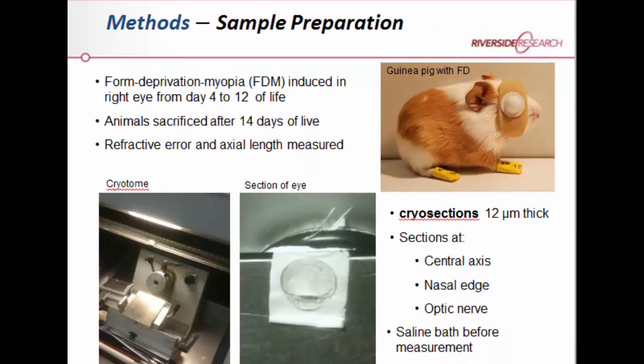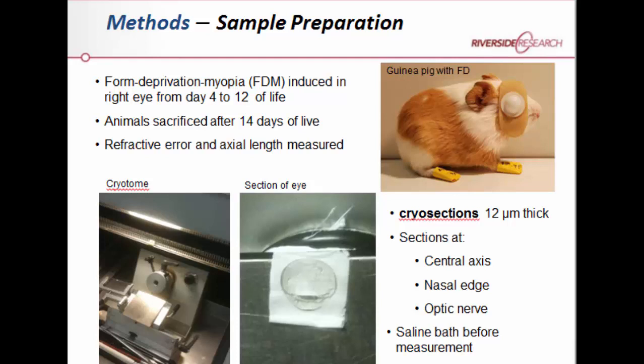Well, for this study we used a form-deprivation myopia model. So the animals had to wear a light diffuser on their right eye, and the animal tries to adapt to the change in vision and therefore can develop a very high myopia.